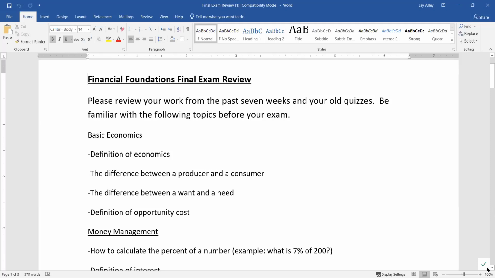starting with basic economics. Does anybody remember or can they describe, give a definition of economics? What does it mean to say we're studying economics? Is economics about money?